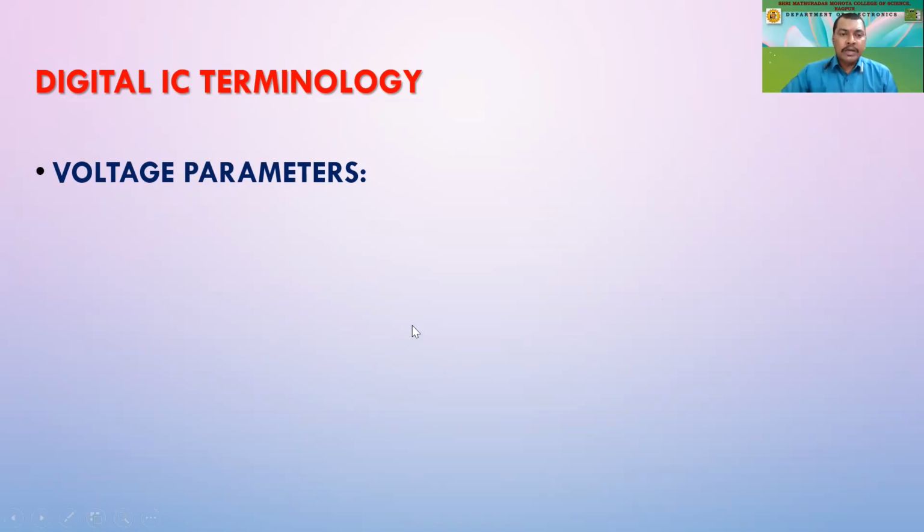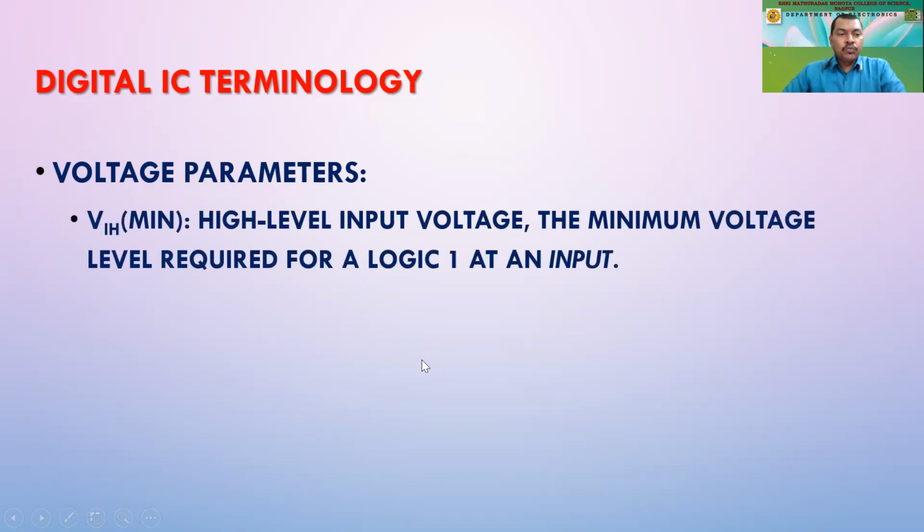We have voltage parameters like this. VIH minimum, that is the high level input voltage: the minimum voltage level required for a logic 1 at an input. When we apply one, it means plus 5 volt, and when we say zero, it means we are applying a ground potential to that terminal.